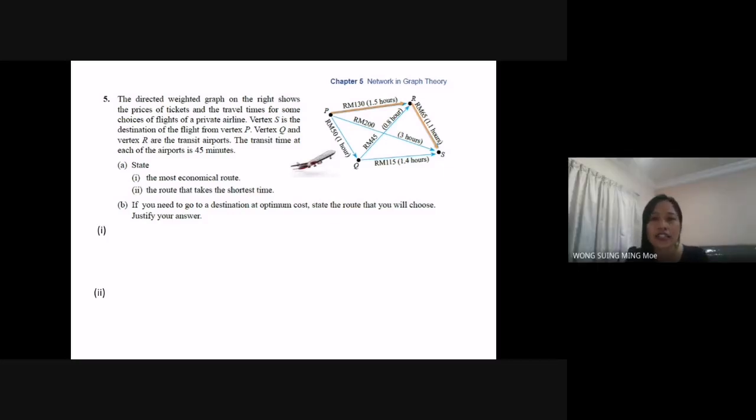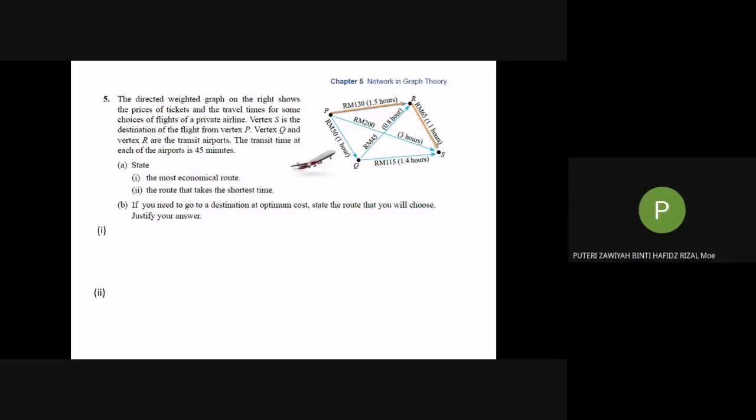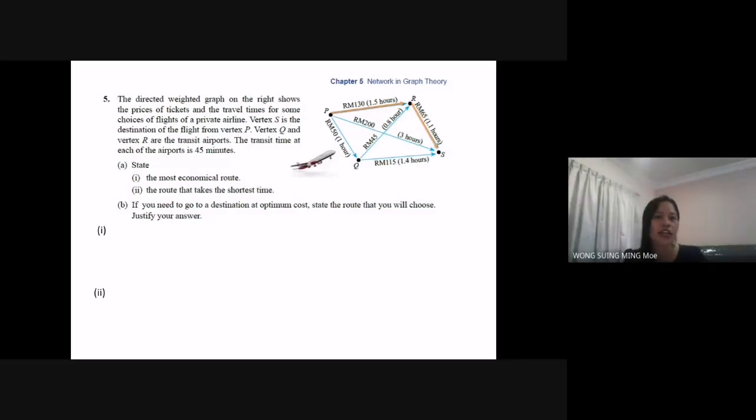So for 5A, the first route, the orange line here, is P to R and to S. P to R is 130 ringgit and R to S is 65. So total is 195 ringgit.